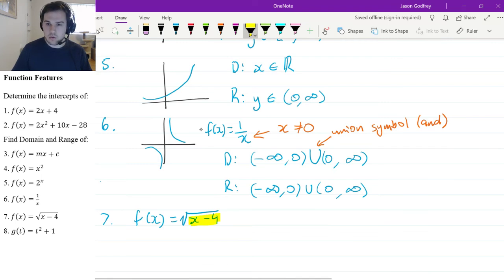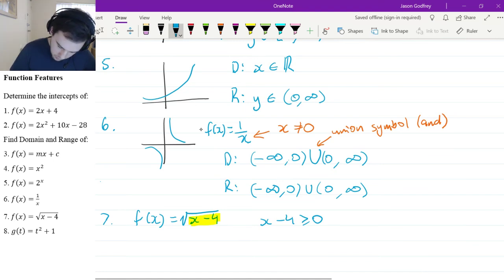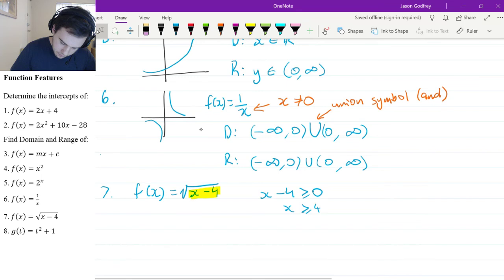Well, underneath a square root we need to have a positive number or 0. So what numbers can we put into this function? We need x minus 4 to be bigger than or equal to 0. So if we add 4 to both sides of this inequality, x needs to be bigger than or equal to 4.